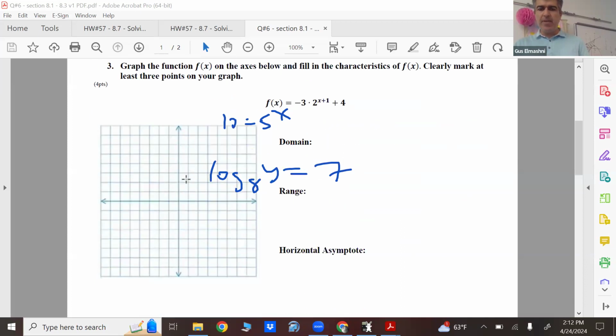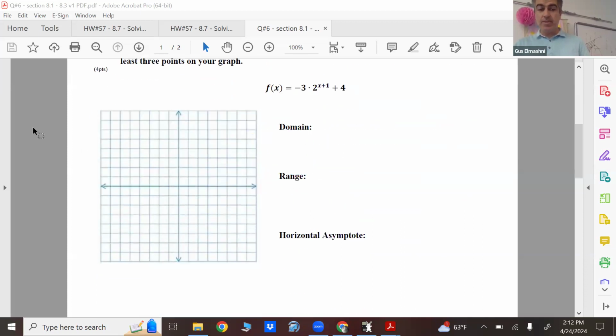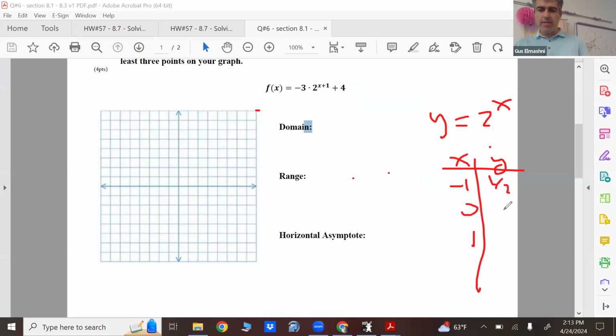Here you're supposed to graph these. I know you guys can graph this. I would suggest you guys start with the parent function. Yeah, like plugging in -1, 0, and 1. And then make adjustments. What adjustments would you make to x here? No, subtract 1. You should know this.